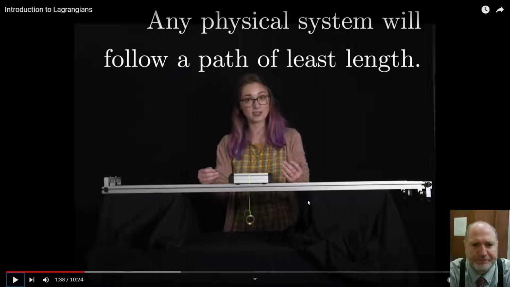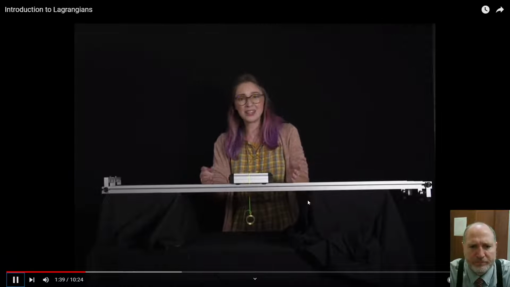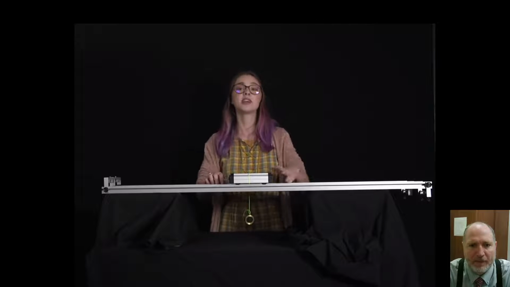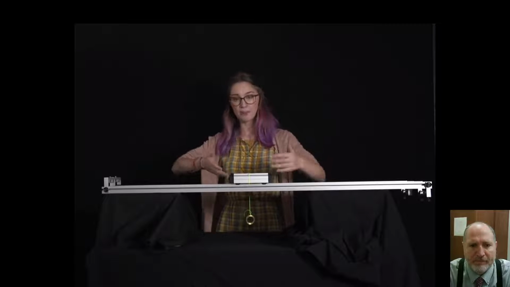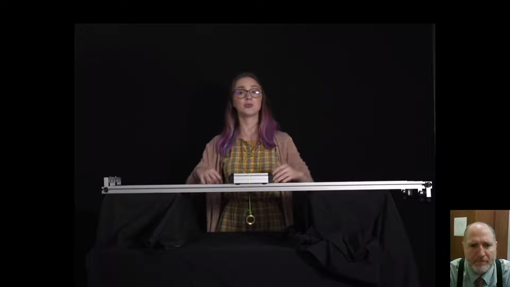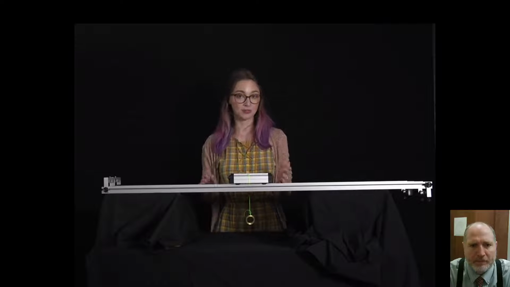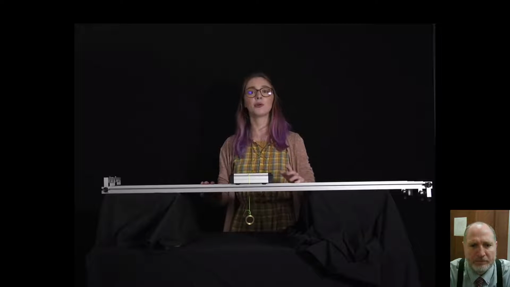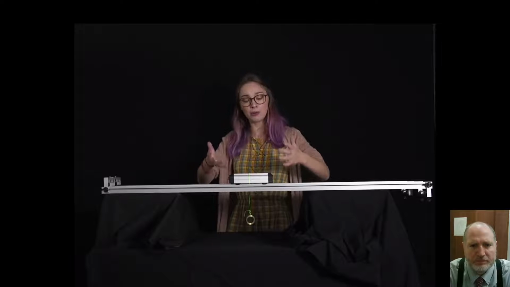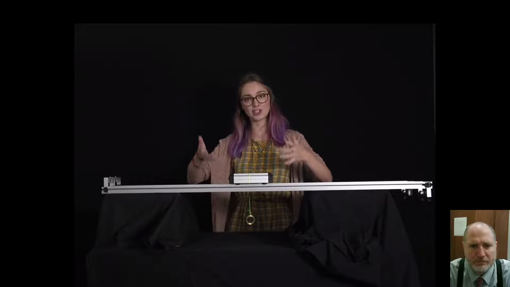Very cool. Length. Basically, Mother Nature is lazy and does as little work as possible. So it actually turns out that you can generalize this not just physical systems traveling along a path. You can actually generalize it to anything. It's the principle of least action, which is that any system undergoing some change will behave in such a way that the action is minimized.